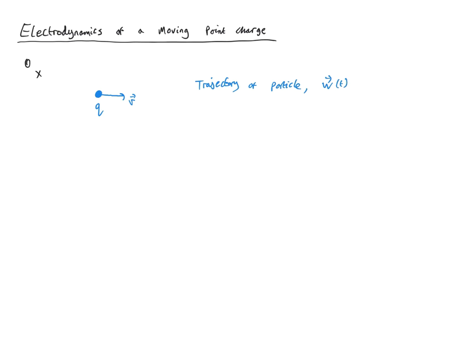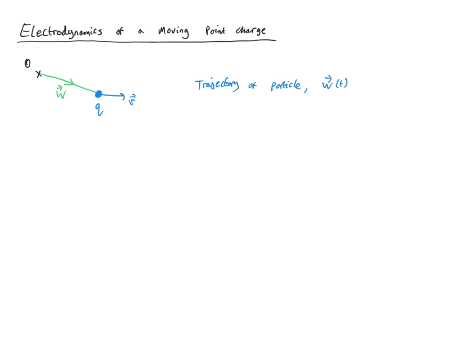Just arbitrarily, let me define it up there. And this w is precisely this vector that goes from the origin to our point particle. And note, of course, that w is something that's time-dependent because the particle is moving around with our velocity v.